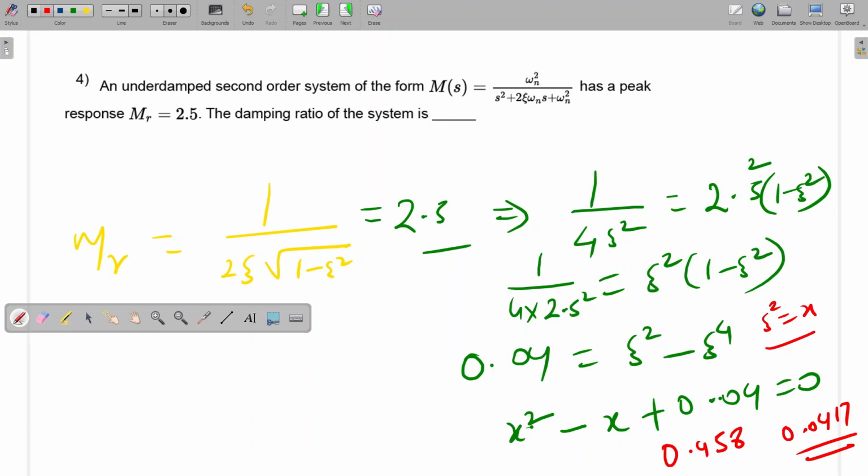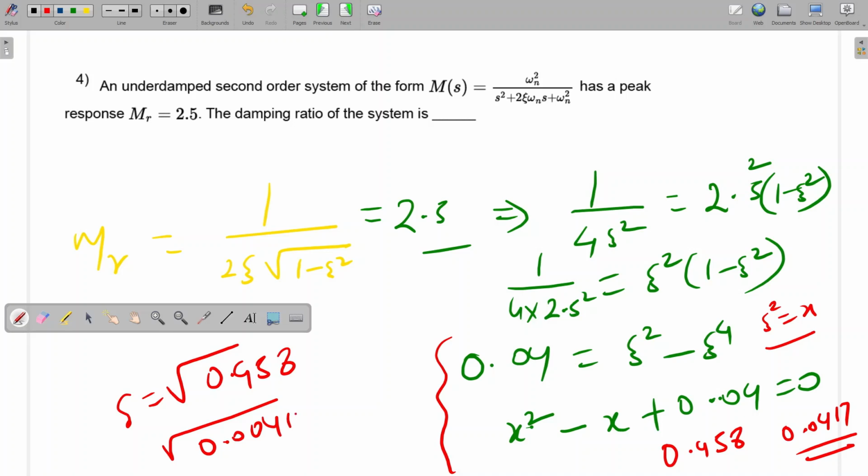Is it clear up to now? So x, that is zeta square, will be 0.958 and the other value will be 0.0417.